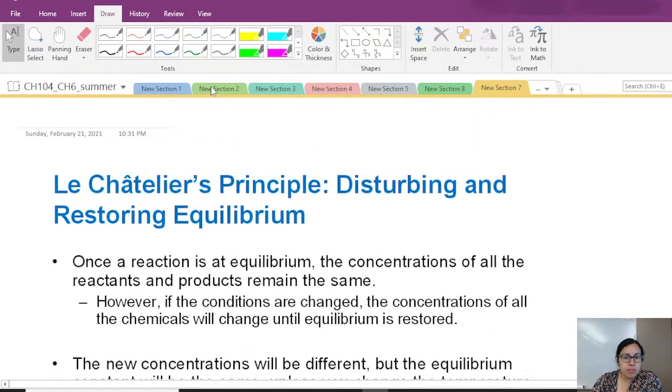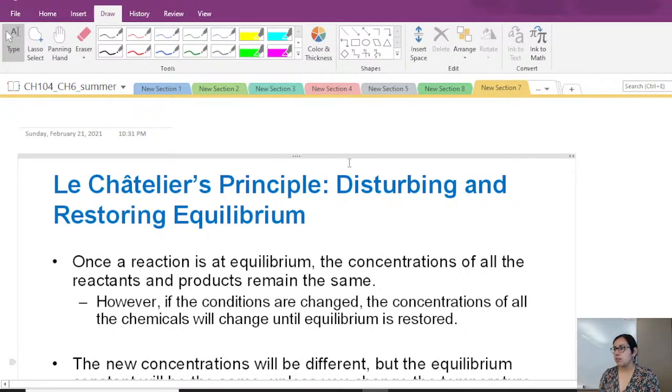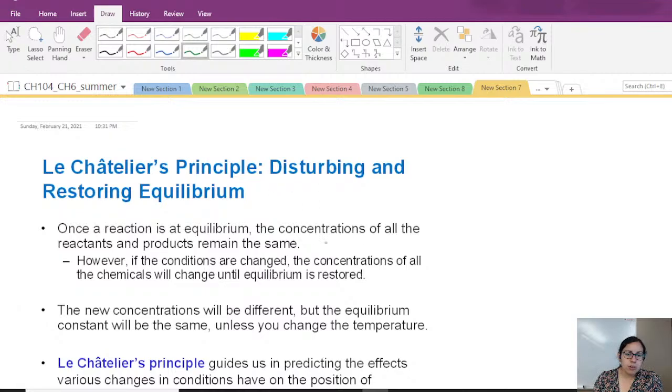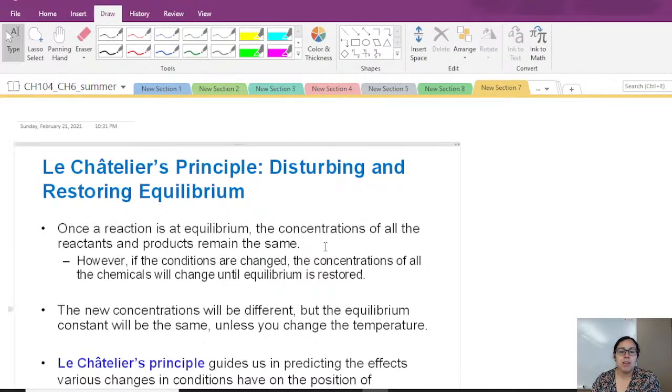All right, so what this is also getting at is Le Chatelier's principle. And this kind of sounds, I think it makes things more complicated. But all this is kind of saying is, can we predict how our concentrations of reactants and products will change? Can we predict which side is going to favor reactants or products based upon the stresses?